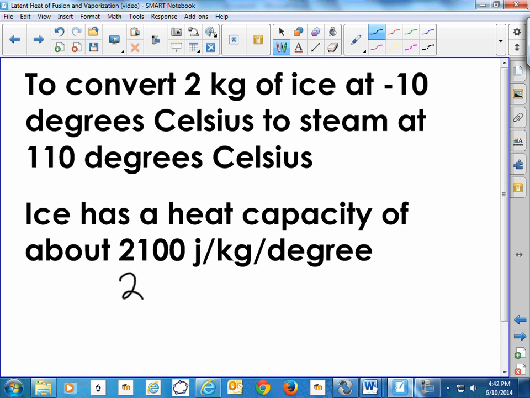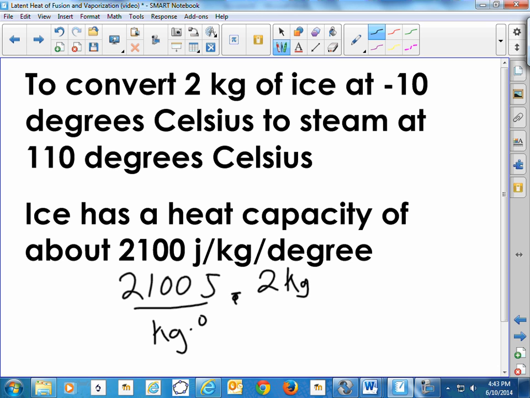So if we multiply the heat capacity, joules per kilogram, and degree, times the degrees, if we multiply that by 2 kilograms, then the kilograms cancel, and multiply that by 10 degrees, then the degrees cancel, and we just have joules, units of joules, and the value turns out to be 42,000 joules.